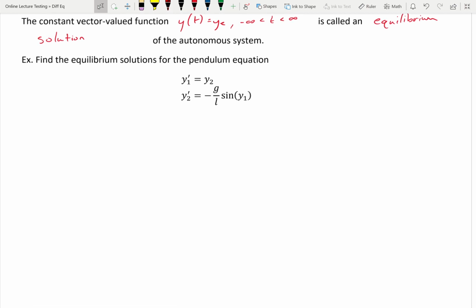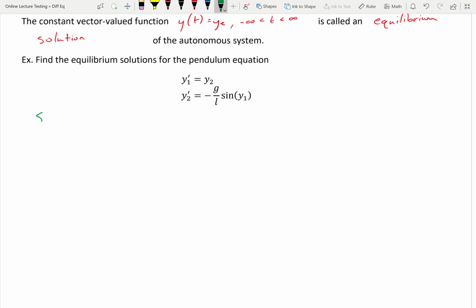Okay, so let's go through a real quick example. You can pause your video if you'd like. Find the equilibrium solutions for the pendulum equation that we have here. y1 prime is equal to y sub 2. y2 prime is equal to negative g over L, where L is the length of the pendulum and g is gravity, times sine of y sub 1.